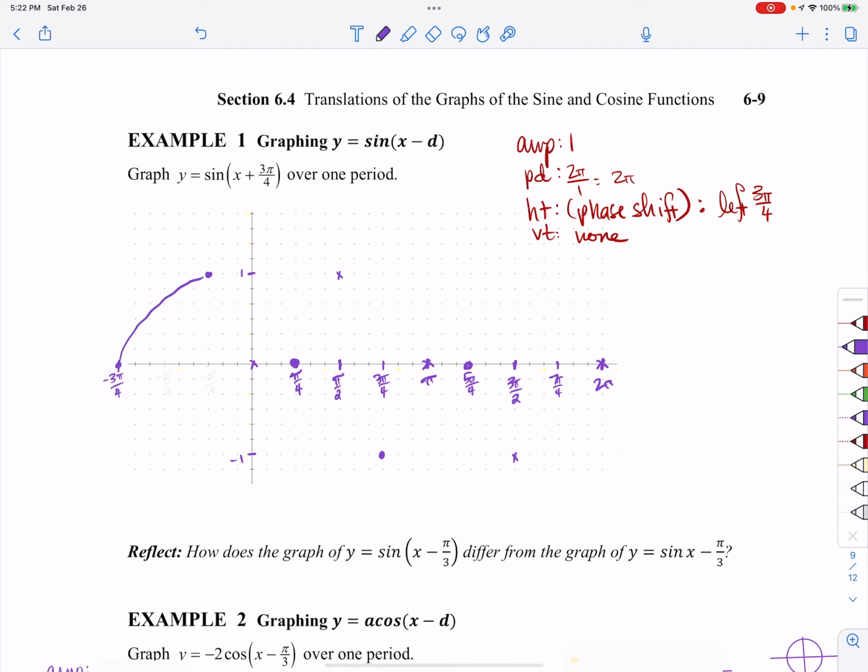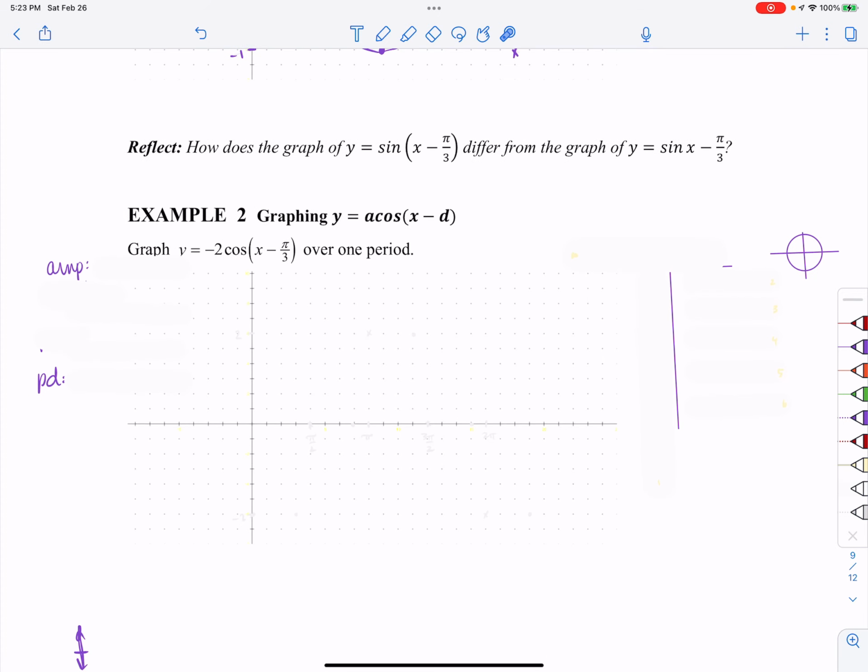These are your new 5 major values. I've numbered almost all of them, except for this one right here, that first maximum, which occurs at negative pi over 4. So now every single one of my 5 major values is labeled, and that's my graph.